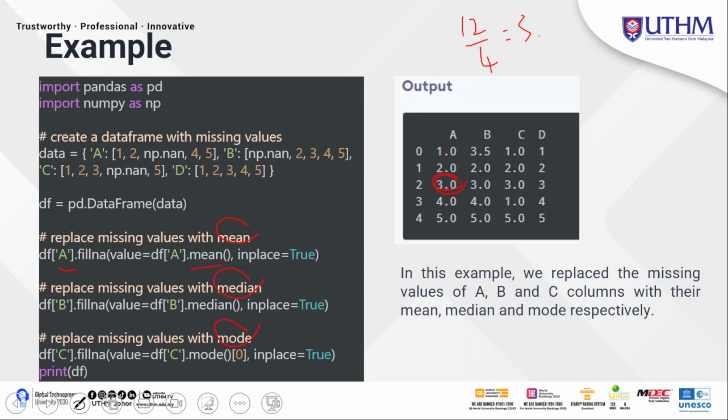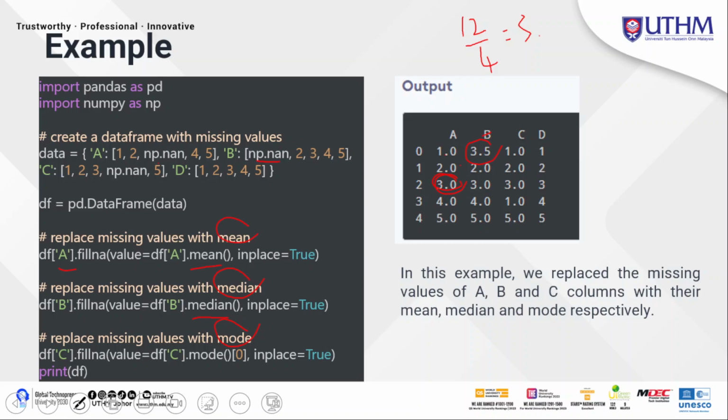And in the second case, you can see that for B, they use the median. So the median means we have the first row, where there is a missing value, and they replace it with 3.5. We have to arrange the records in increasing order, right?